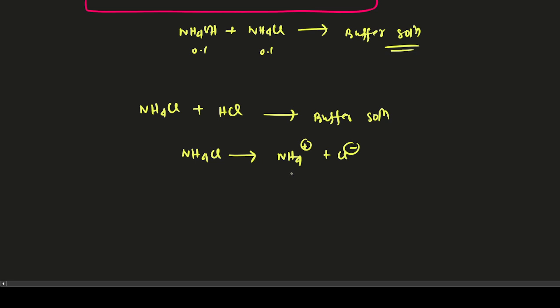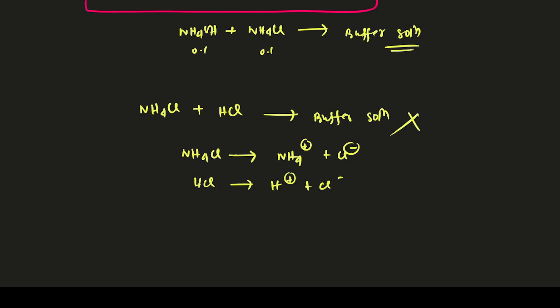In the solution this is present, and HCl is also strong, so it is going to give H plus Cl minus. So now what happened? Here we are not getting any weak components, so we are not able to prepare the buffer solution.